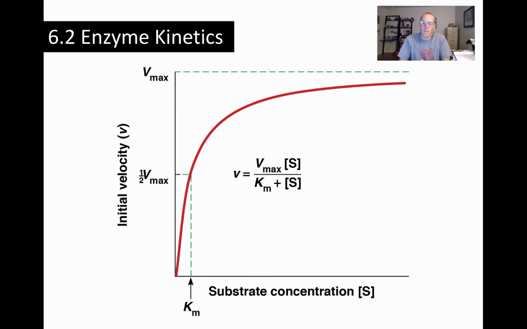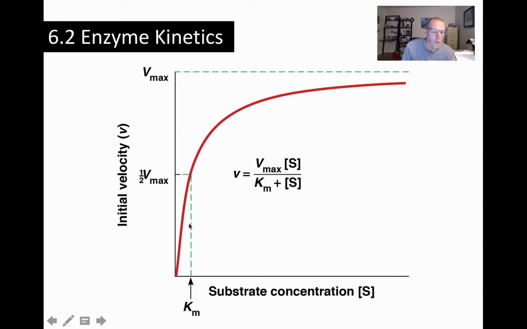So the initial reaction velocity, measured as V, is the rate of change in product concentration per unit time. And primarily, to start with for us, it's going to depend on the substrate concentration. So if we're down here in this part of the graph, at low substrate concentrations, before we get into the slopes and stuff, down here on this axis we've got substrate concentration, and up here we've got velocity.